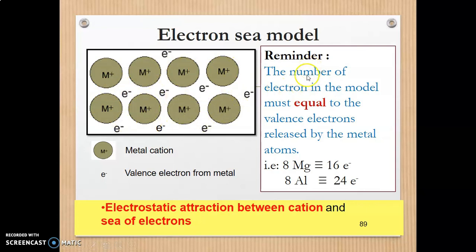As a reminder, the number of electrons in the model must be equal to the valence electrons released by the metal atoms. For example, if the metal is magnesium, magnesium has 2 valence electrons, and if in this model there are 8 magnesium, it should have 16 electrons.